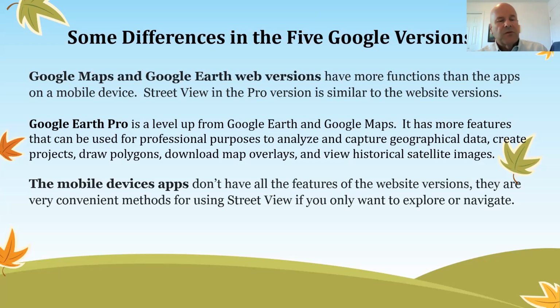But I'd like to explain that Google Earth Pro is really a level up from Google Earth and Google Maps. It has more features. It can be used for professional purposes to analyze, capture geographical data, draw polygons, download map overlays, download historical maps as overlays, and view historical satellite images.